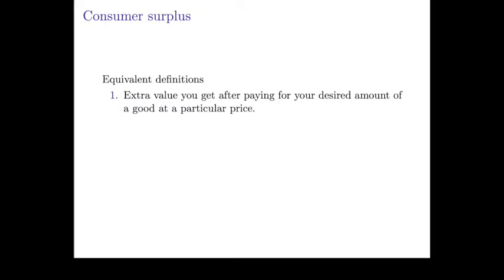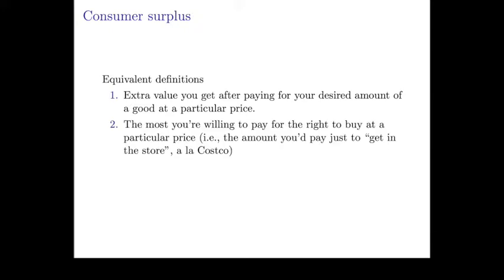There's a few equivalent ways we could define this. The consumer surplus is, like I've said in the previous slides, the extra value you get after paying for the amount of the good that you would like to buy at the given price. Another way of saying this is, what are you willing to pay for the right to buy at that price?